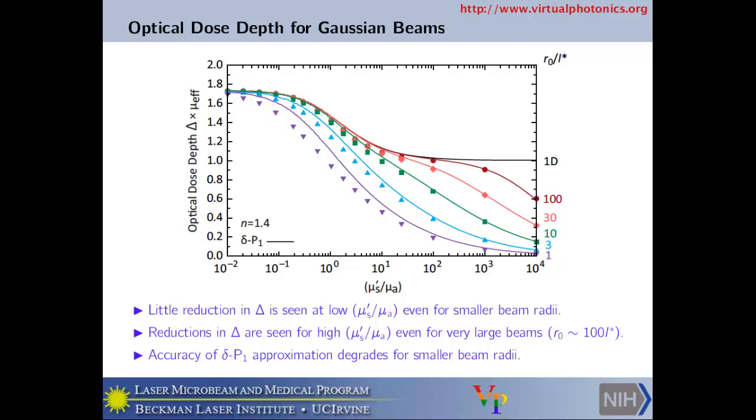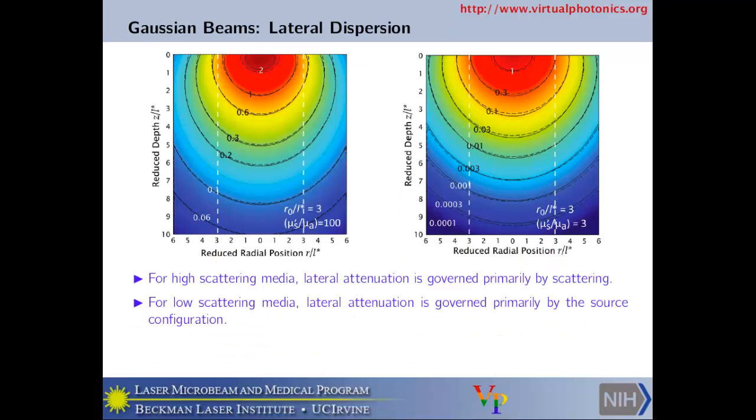And we have some more details about the characteristics of these curves, which you can read at your leisure. And then these are just some graphical depictions of the light fields. The solid contour lines are Monte Carlo, and the dotted dashed lines are the delta P1 approximation. And so you can see that there's actually fairly good agreement between the contours between these two approximations.